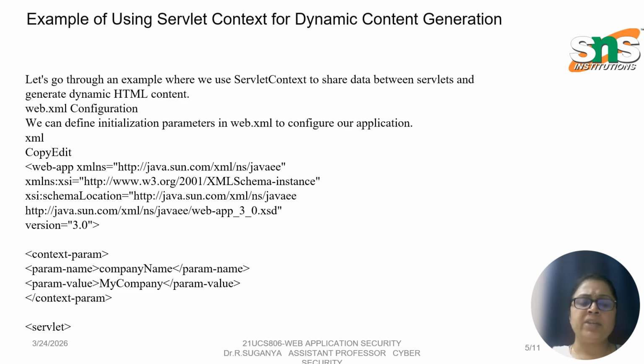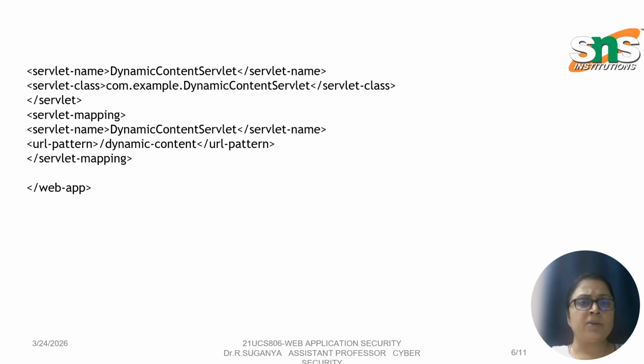Whenever a tag has an opening tag, we should also have a closing tag. The same way we have the context parameters with parameter name and parameter value. Here the parameter name is companyName and the parameter value is My Company. And here the servlet mapping is also available.